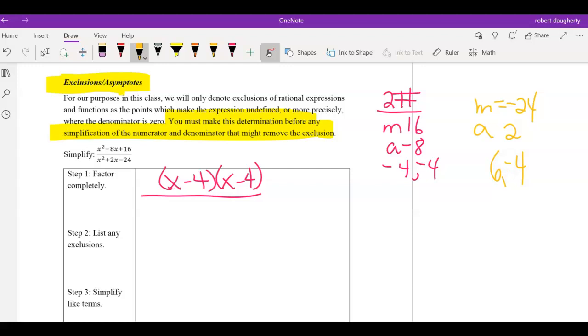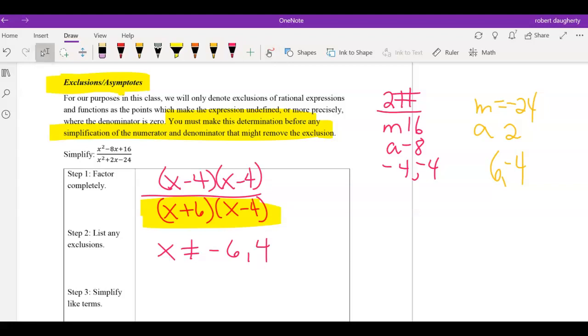So those numbers multiply to negative 24 and add to 2. So this is going to be x plus 6, x minus 4. Okay. Now list the exclusions. The exclusions are where the denominator would be 0, undefined. So x cannot be negative 6 or positive 4.